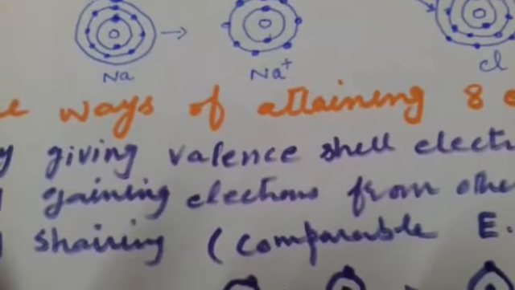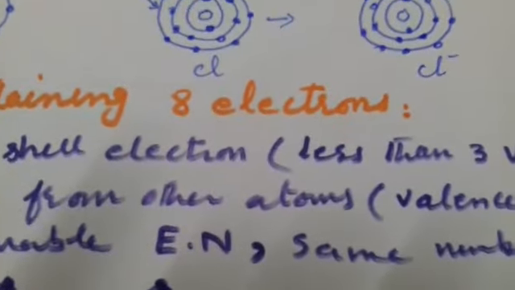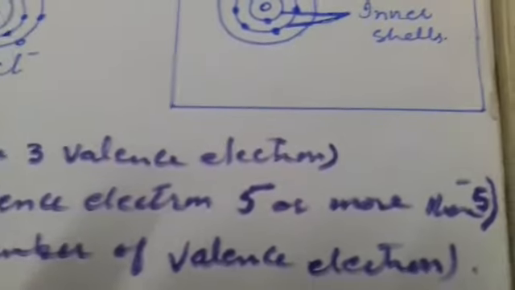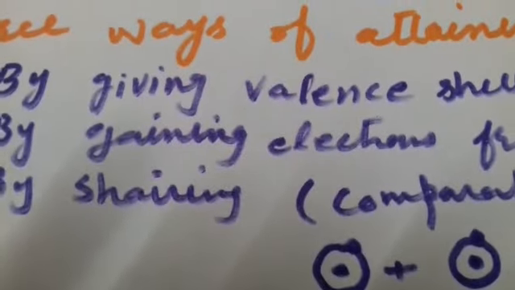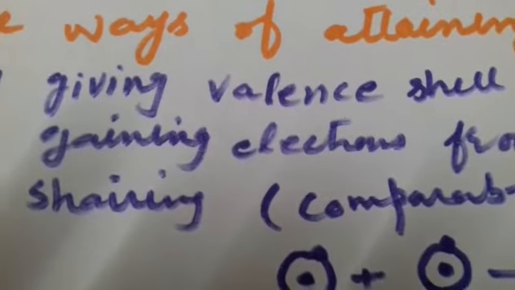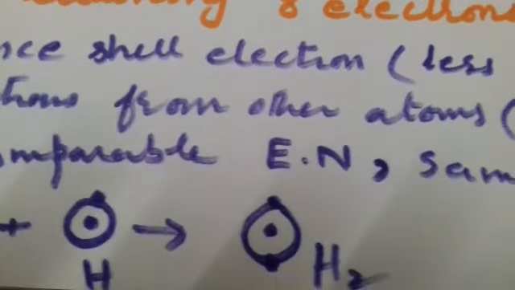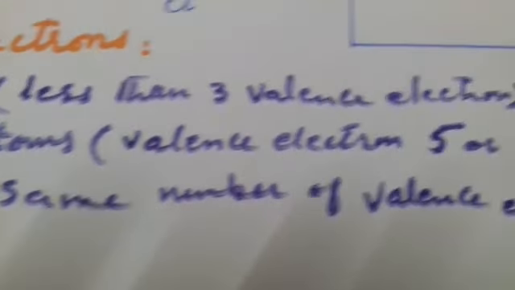The second way is by gaining electrons from other atoms, and it happens in those atoms which have 5 or more than 5 valence electrons. The third way is by sharing electrons, and it happens in those elements which have comparable electronegativity and the same number of electrons in their valence shell.